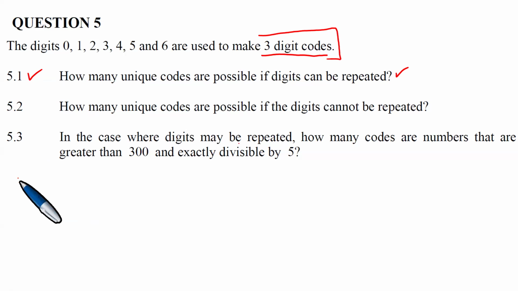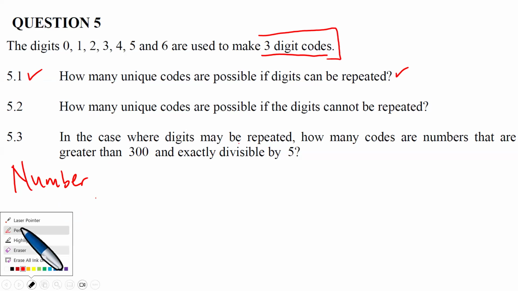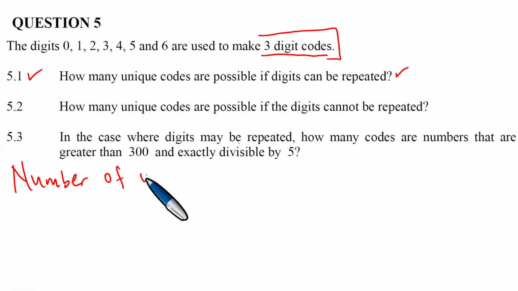So the number of unique codes equals how many unique codes are possible if digits can be repeated?